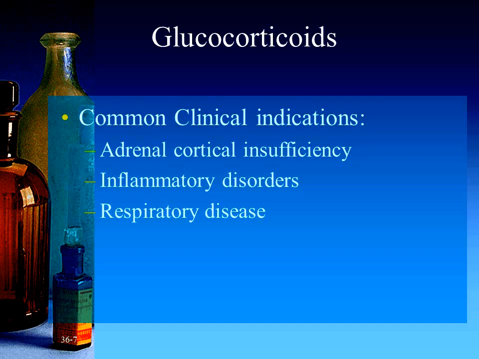We can give them in several different ways, as you would have seen on that first slide that we had, and that is we can give them orally, we can give them intranasally, we can give them intramuscularly, intravenously, or topically.